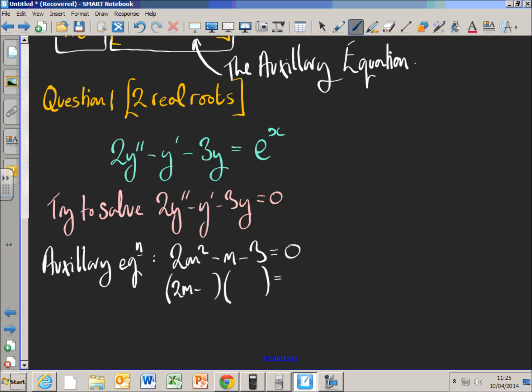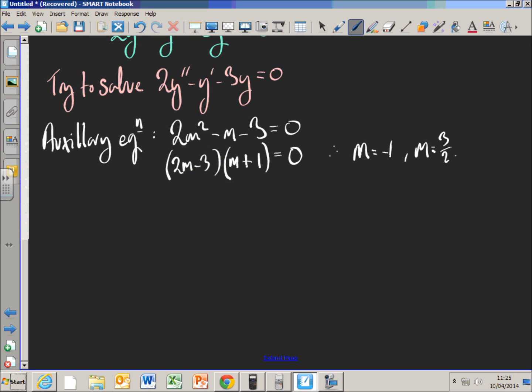2m take 3 and m plus 1. You happy with that? Yeah, that's fine. So therefore, m equals minus 1 or 3 over 2, and therefore, what's my complementary function then? I'm going to write it as y with a little c on it.